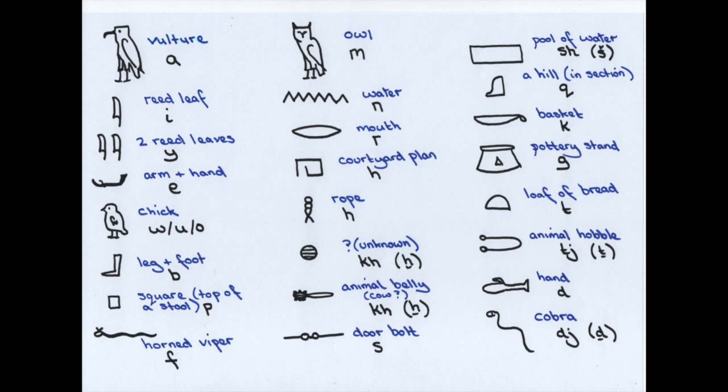So with these 24 signs, hopefully you've got a nice introduction to Egyptian hieroglyphs. Please do have a look either through the web or if you're lucky enough to be able to visit a museum, get some experience with actual texts. That's the best way to learn.